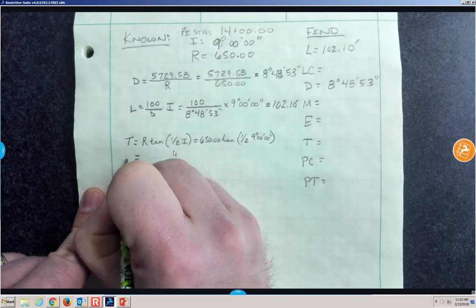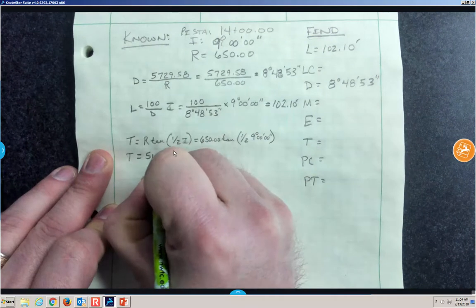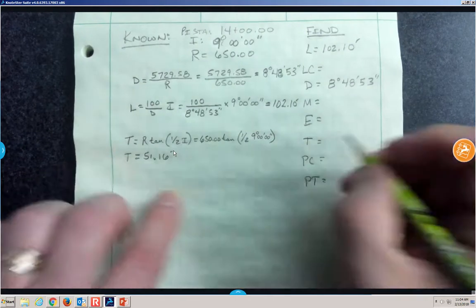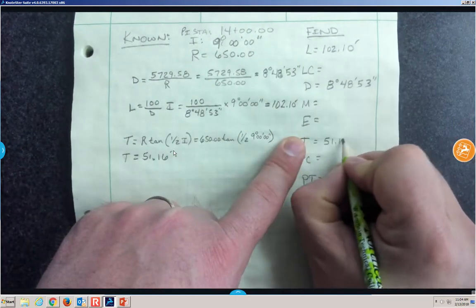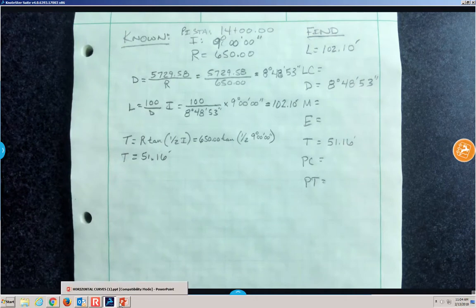What is the tangent? And remember, this is tangent length, not tangent bearing. 51.16. That is in feet. So our tangent is 51.16 feet. Okay? Next.